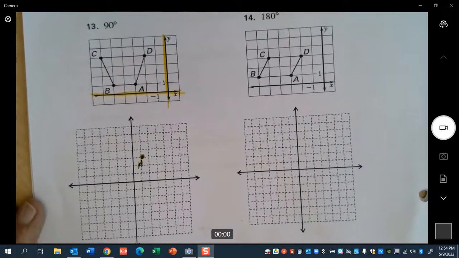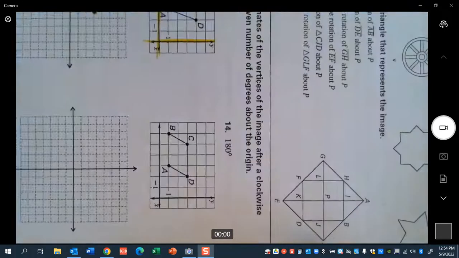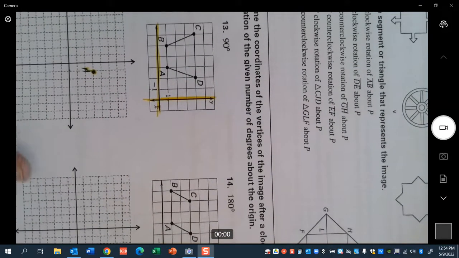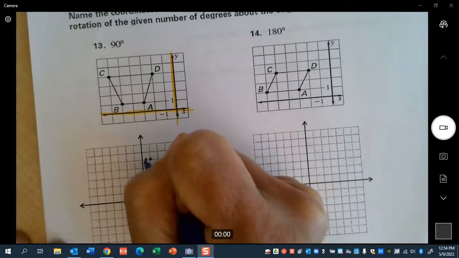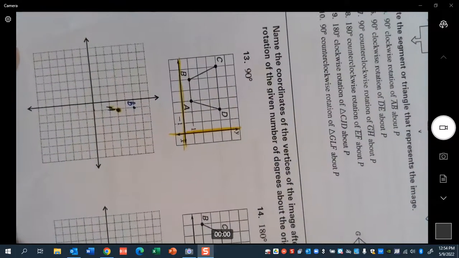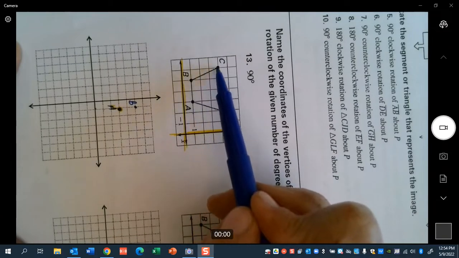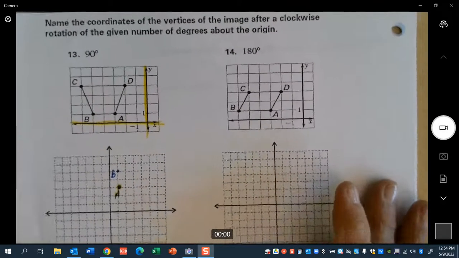Once you get A set, look at the shape again. B is 2 straight up. Here's A, up 2 is B. Go back to when it's spun. C is up 1 over 1, 2, 3. So we can come back here.